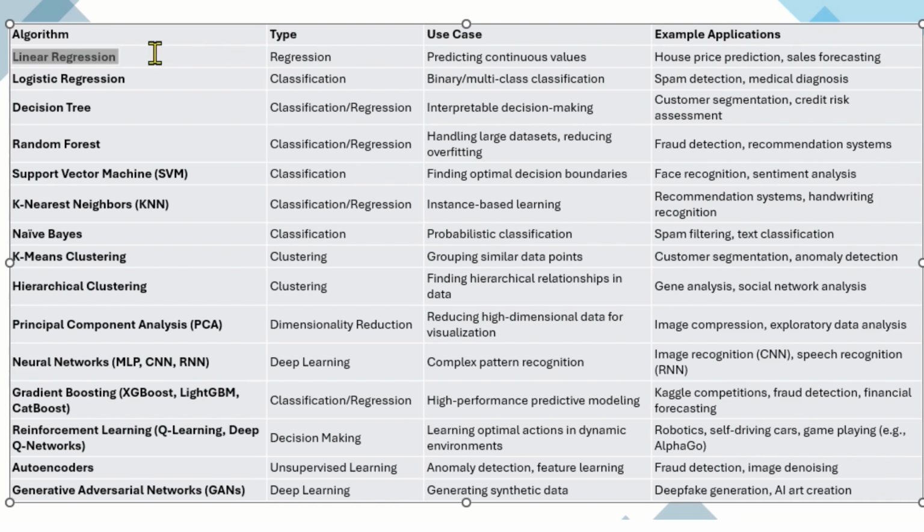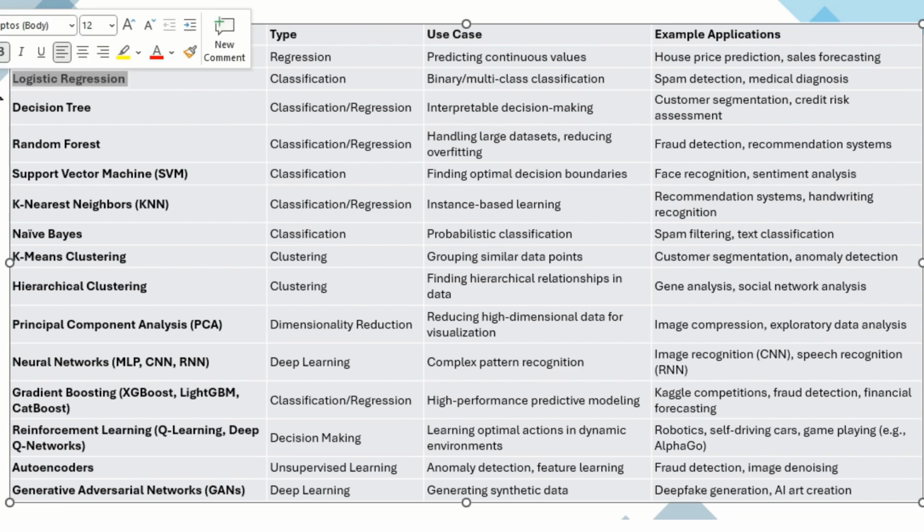But in this data set, we are predicting whether it is 0, non-diabetic, or 1, diabetic. So it's basically binary, and hence we can use logistic regression.